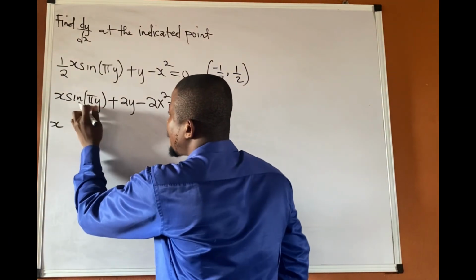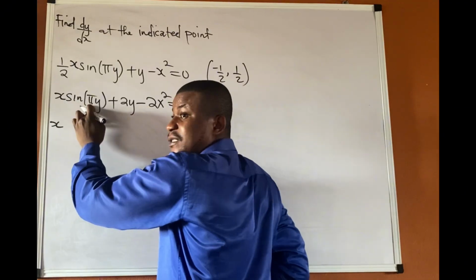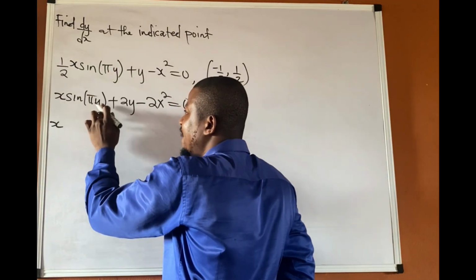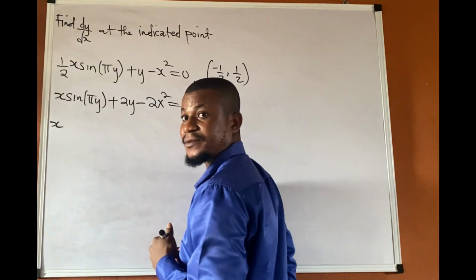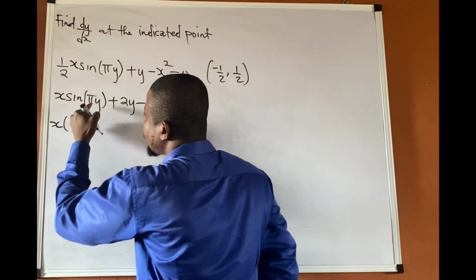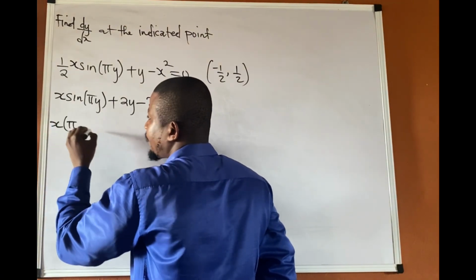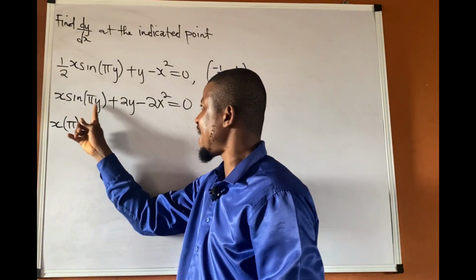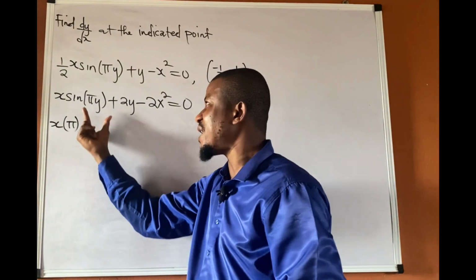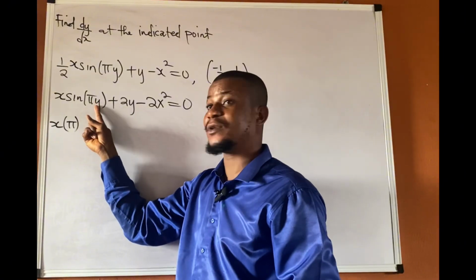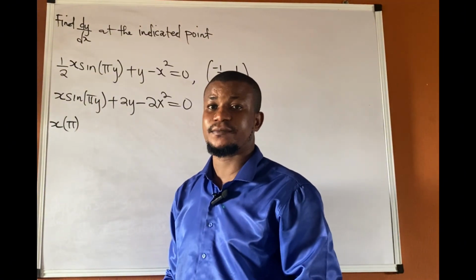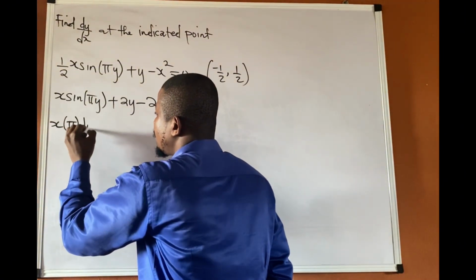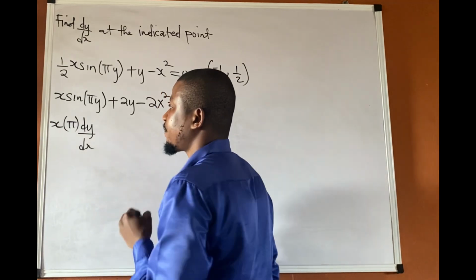So we differentiate pi y, because pi is a constant. The derivative of a constant multiplying a variable is just the constant. So when I differentiate pi y, I will have pi, just like differentiating 2y, you have 2. But remember, we are differentiating y here, so we return dy dx.